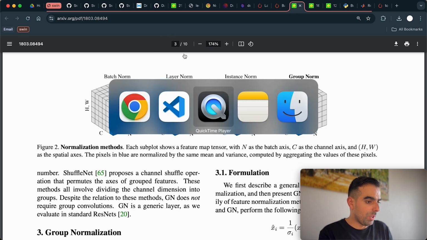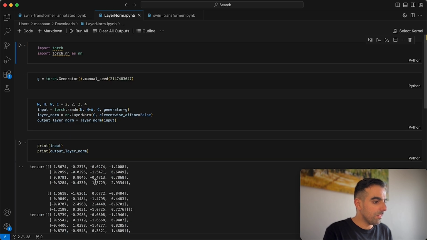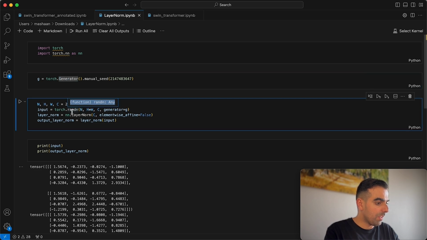I have a notebook here. So I set a random generator, and I created a 3-dimensional array. The second dimension is height multiplied by width, and then the channel.